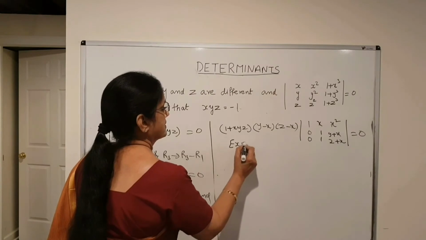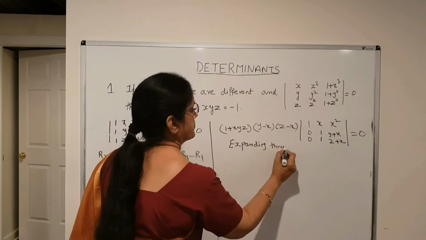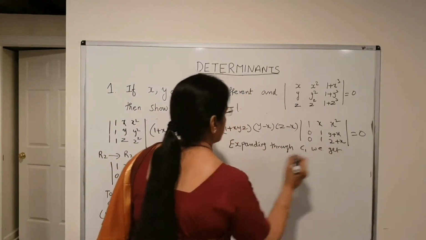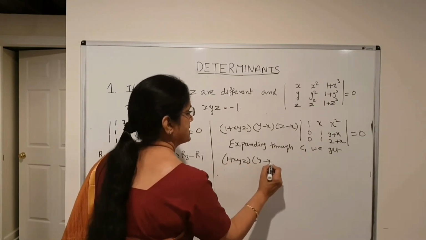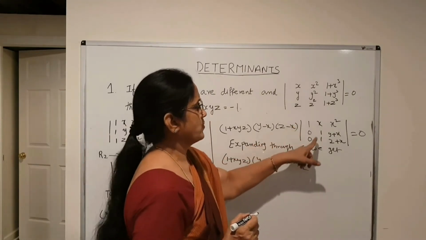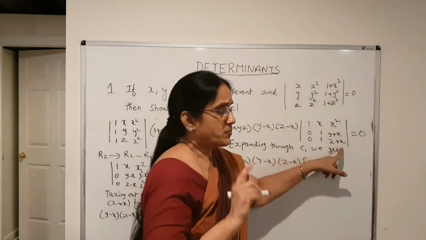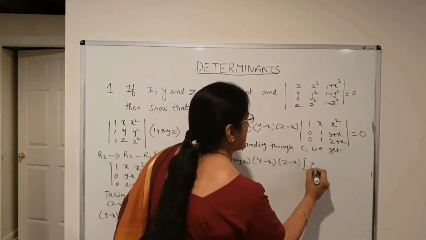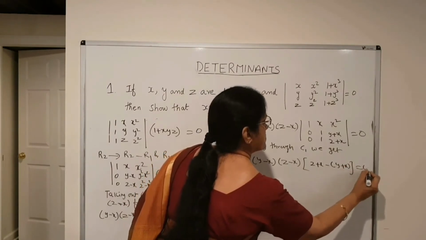Expanding through C1, we get 1 plus xyz into y minus x into z minus x into, see here 1 into product of 1 and this z plus x minus product of 1 into y plus x. So that will be z plus x minus of y plus x equal to 0.